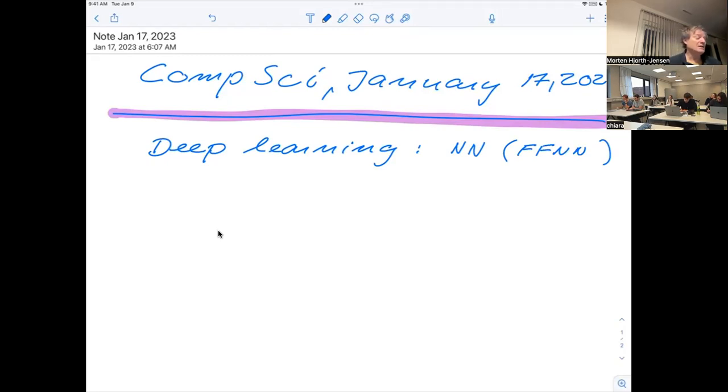If we now look at the important components, whether we are doing feed-forward neural networks, convolutional neural networks, recurrent neural networks, or any of these methods, it's going to be useful to have a graphical image of what is going to take place. But let's now look at the important ingredients.